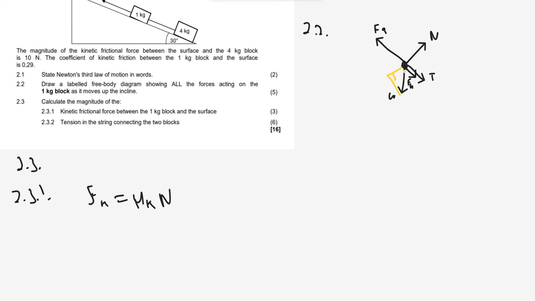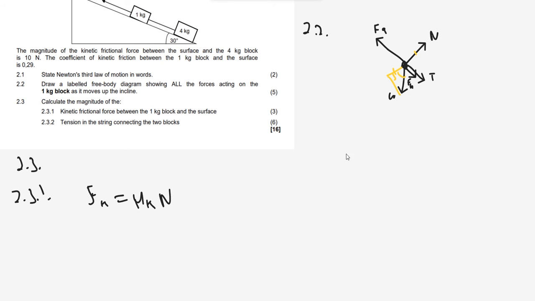And then we have 90 degrees here, and our angle here is 30 degrees. Since we have this triangle, this is our weight perpendicular and weight parallel, and our normal force is equal to weight perpendicular.